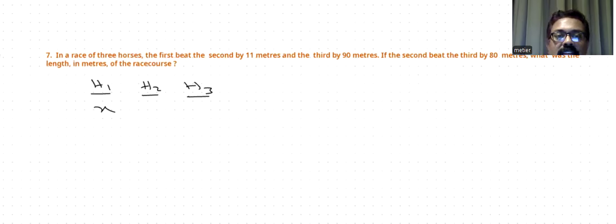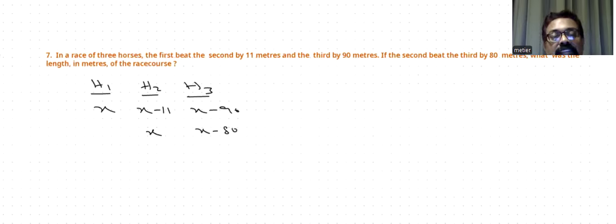The second horse is at x minus 11 meters and the third horse is at x minus 90 meters. When the second horse finishes the race, that is, when it covers x, the third horse is at x minus 80.